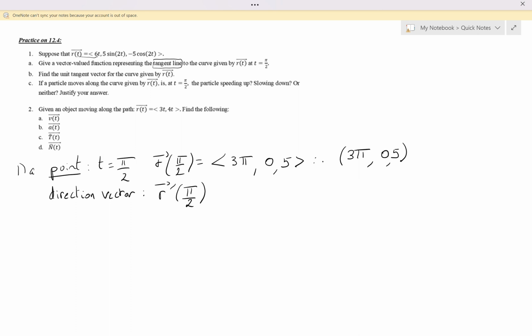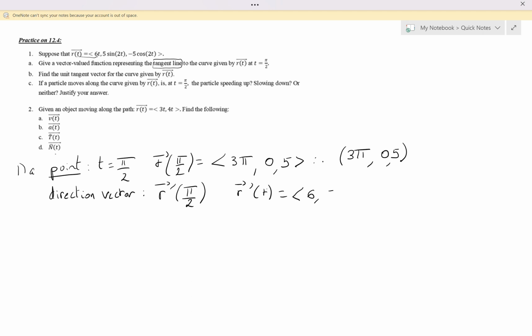So the first thing we do is find the first derivative of r. We take r, which is <6t, 5 sine 2t, minus 5 cosine 2t>, and we differentiate each of its components. So we get 6. The derivative of sine 2t uses the chain rule, where the inside function is 2t and the outside is sine.